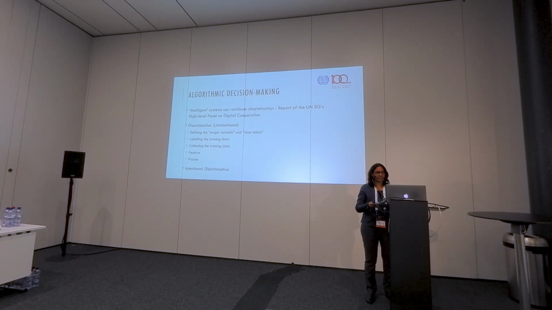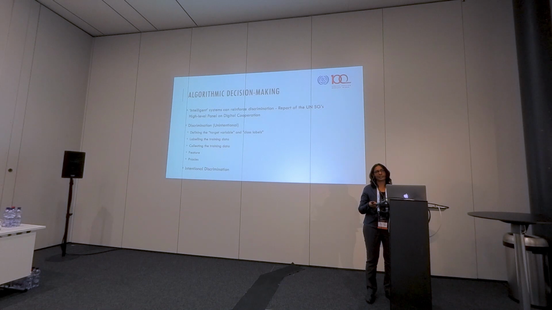Now, with regard to algorithmic decision-making, these are very intelligent systems, but very clearly they can reinforce discrimination. The UN High-Level Panel, which sat in 2018-2019, put out a report last year on the digital economy and digital cooperation in the global north and global south.